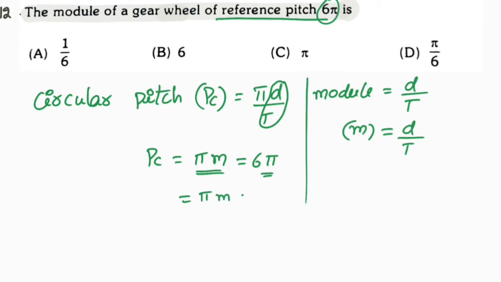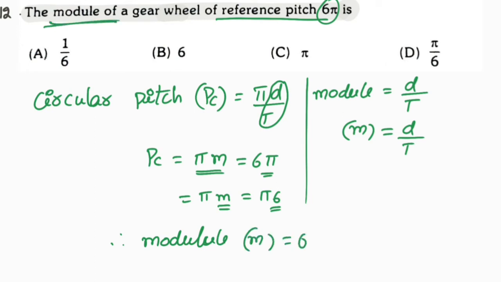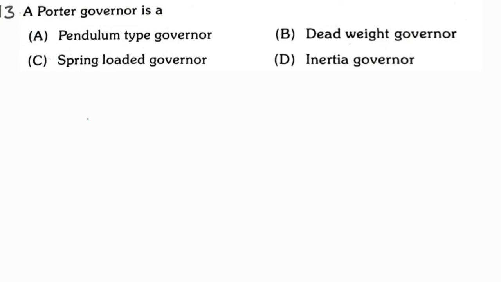Pi m equal to pi 6. Then what is the m value? 6. Therefore module m equal to 6. You are asked to decide the module. Module equal to 6. Therefore option B is absolutely correct. I hope you got my point. Let us take another problem.